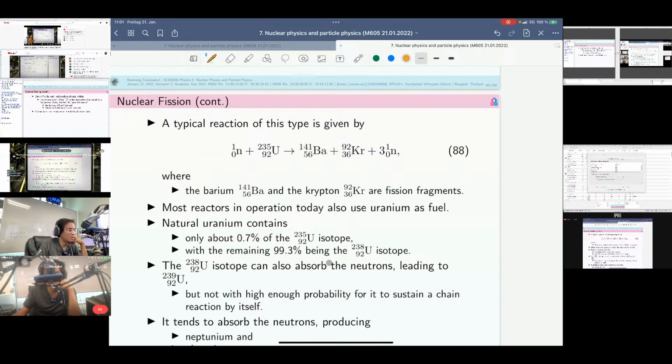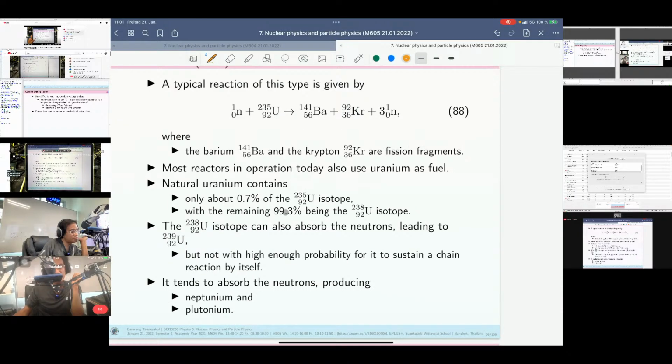The uranium-238 isotope can absorb neutrons, but it becomes a bigger uranium, uranium-239, with a bigger nucleus, and it doesn't have the property to sustain a chain reaction by itself.